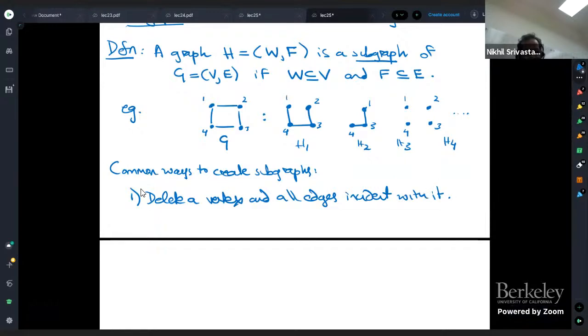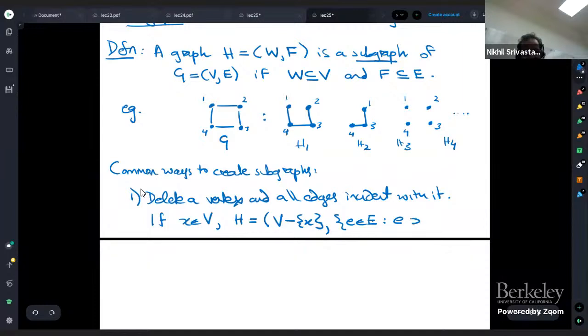So specifically, if G is a graph, and if X is a vertex in G, then you can take a subgraph H to be the graph with vertex set V with this X removed, and edge set all the edges in E except those that include X.